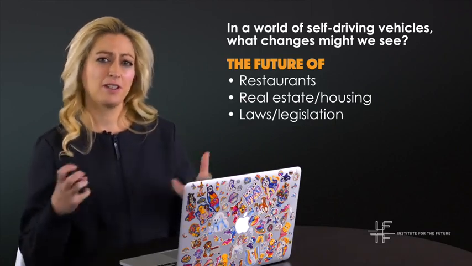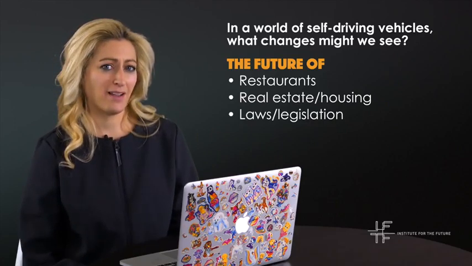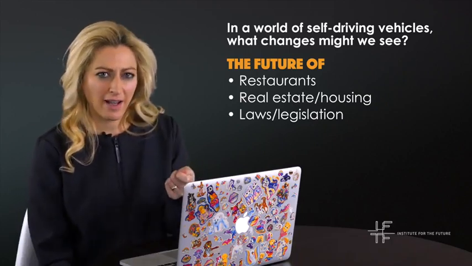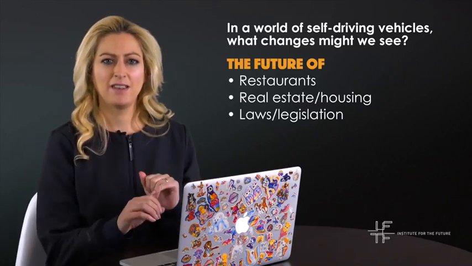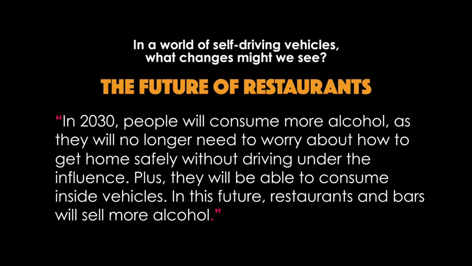So these are 3 really different domains that might all be affected differently by the emergence of self-driving cars. And here are 3 quick forecasts that some of my students came up with in response to the driver of self-driving cars.